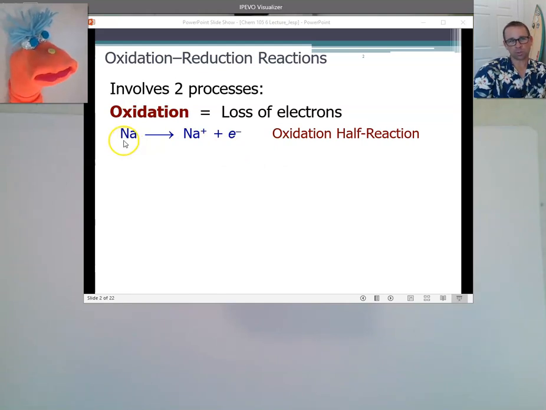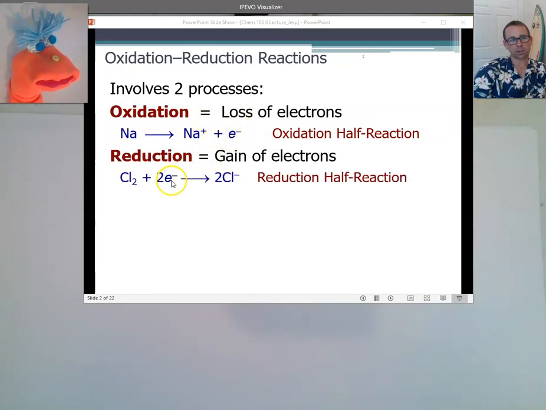One, for example, sodium losing an electron, right? This is an oxidative half reaction, we call it. Okay, it's not a complete reaction because electrons just can't go into space like this, all right? So sodium will form an ion and release an electron, while chlorine will gain an electron and form the chloride ion and become a negative charge.